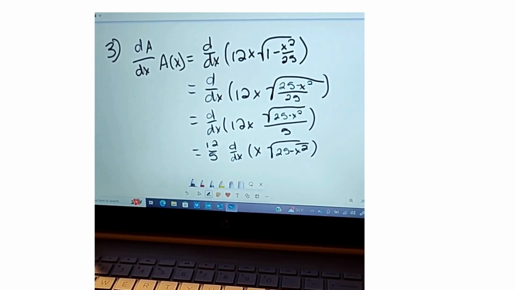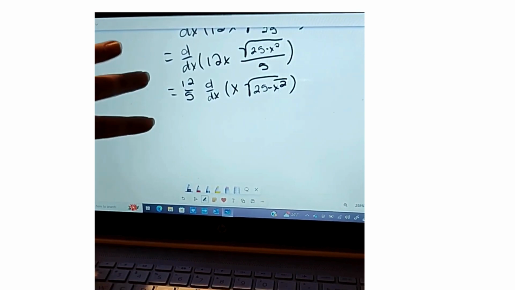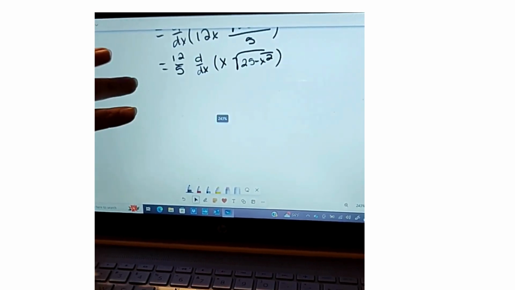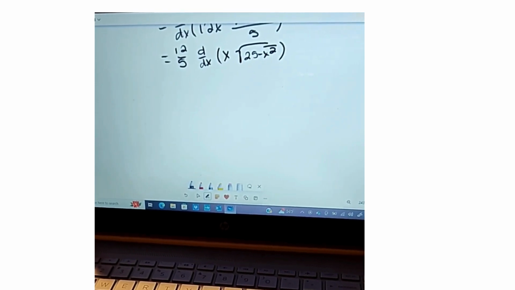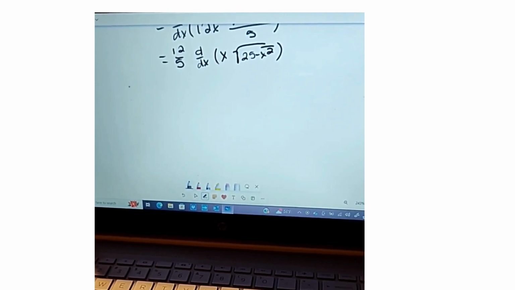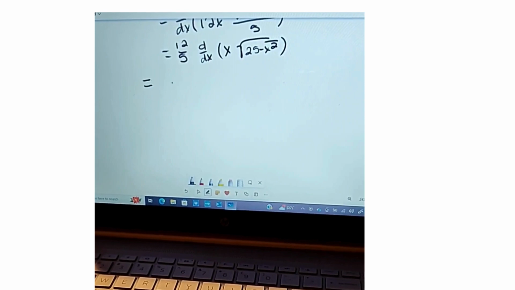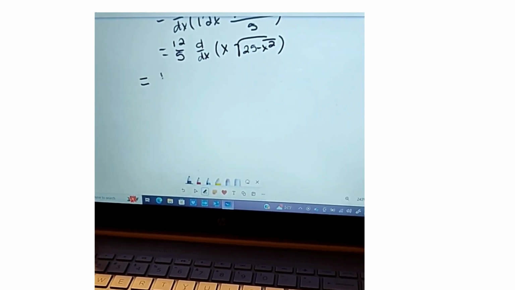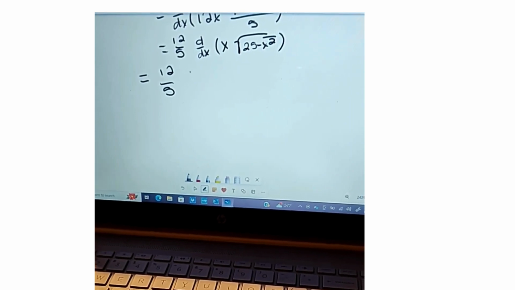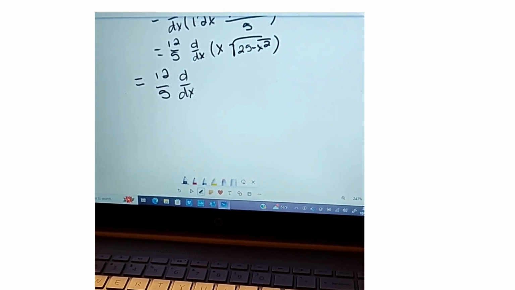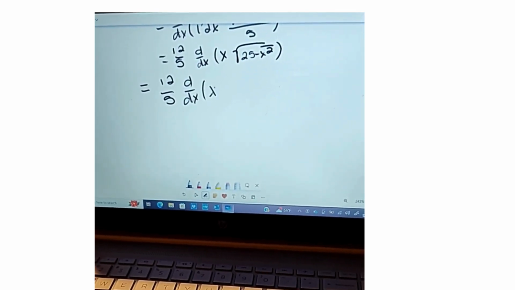Now, with that, we are actually going to have to break it apart even more and do the chain rule, which is even lovelier. So the chain rule is going to make it look like 12 over 5, because that's just a constant now, d over dx. Now we're going to break it apart.